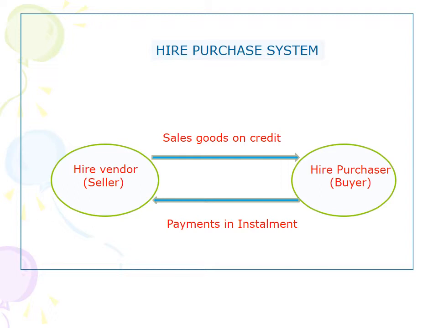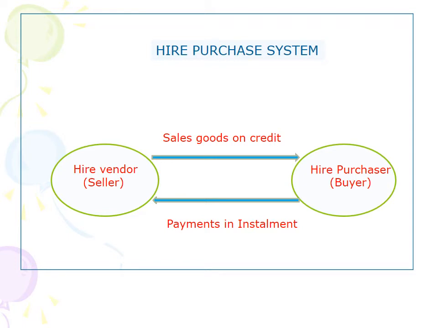Hire purchase system is an agreement between two parties, hire vendor and hire purchaser. Hire vendor sells goods on credit to hire purchaser, and hire purchaser makes payment in installments to hire vendor.